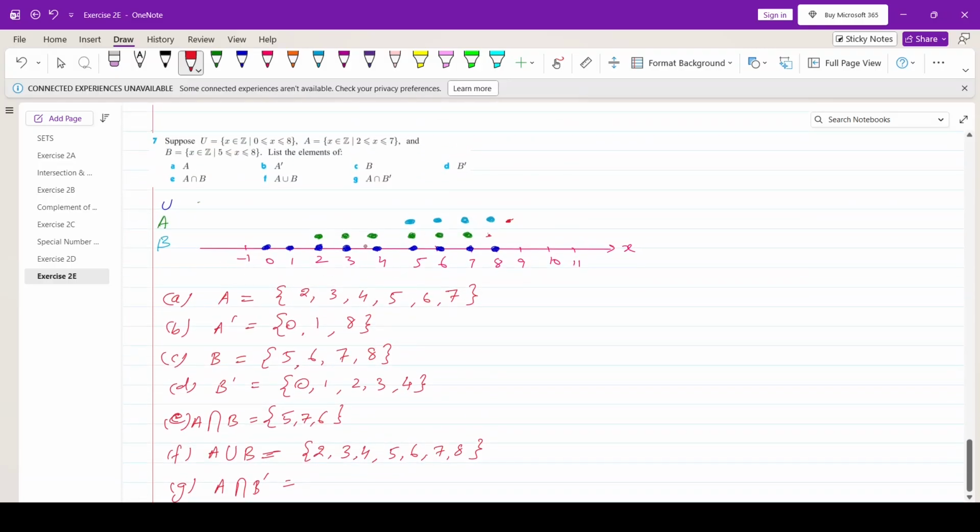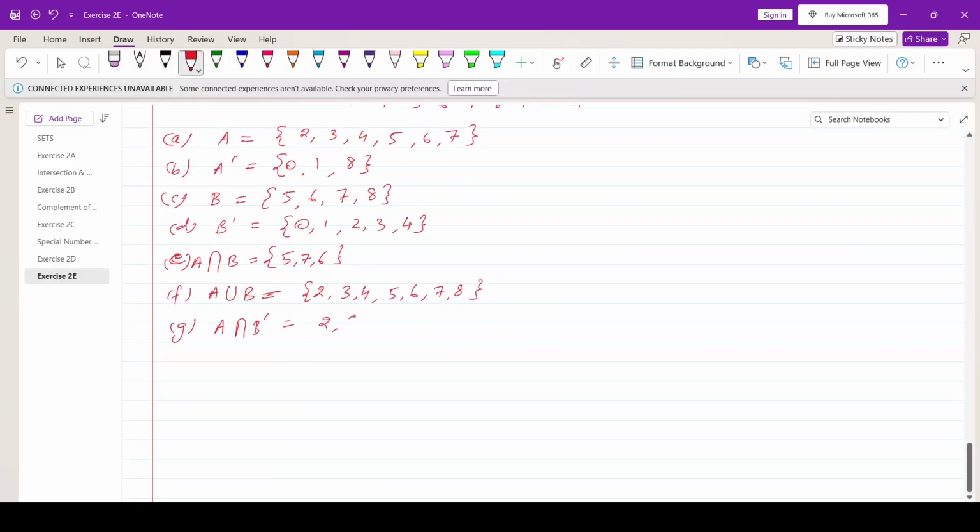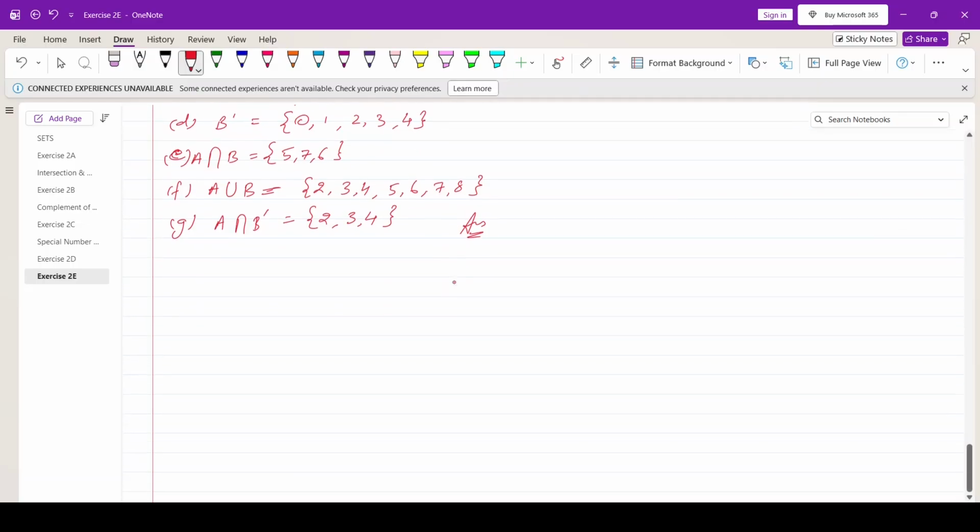B prime is this part, and A is this part. So what is the intersection of these two parts? That is 2, 3 and 4. This is our answer. Let's move on to the next question.